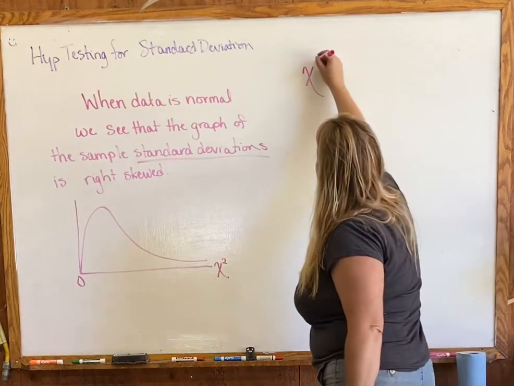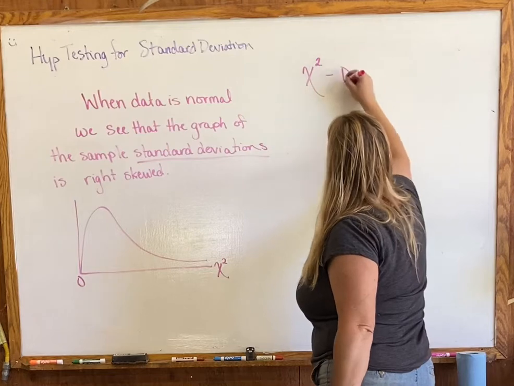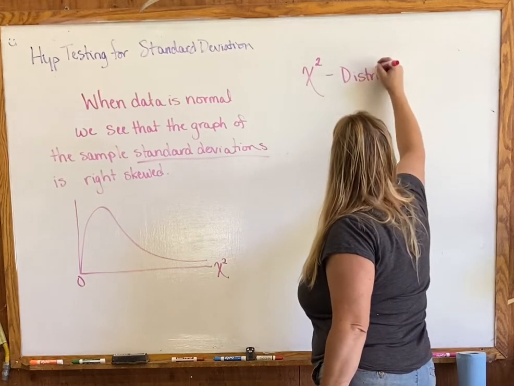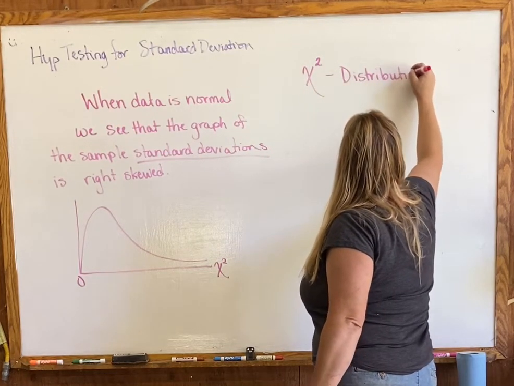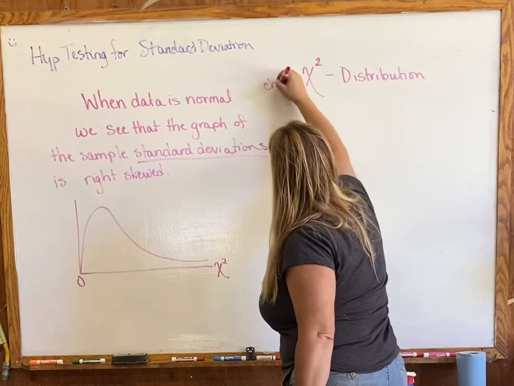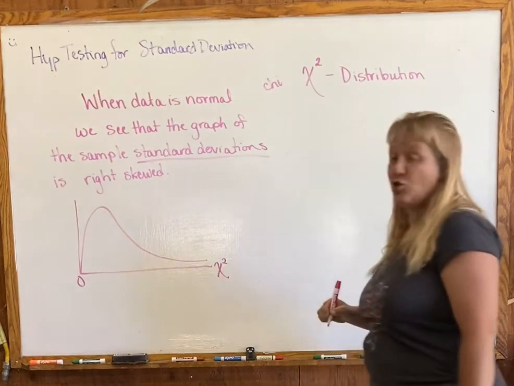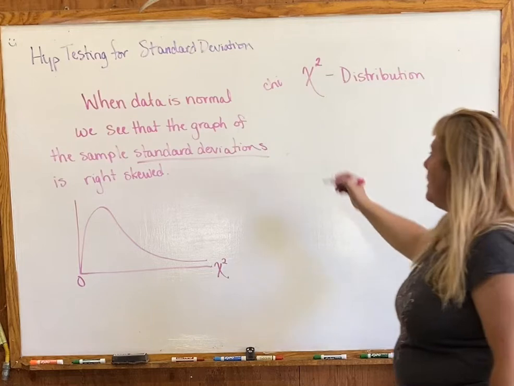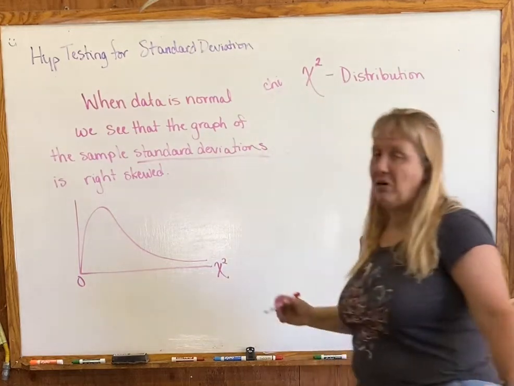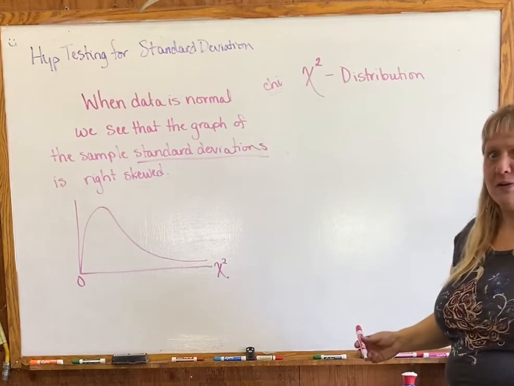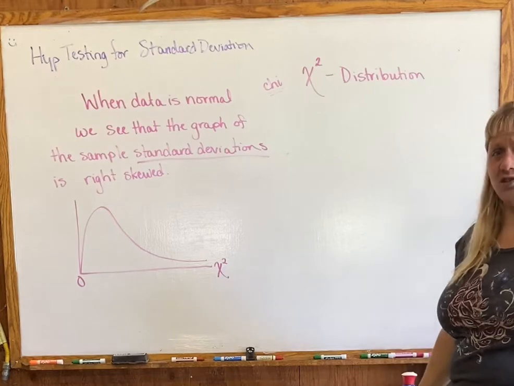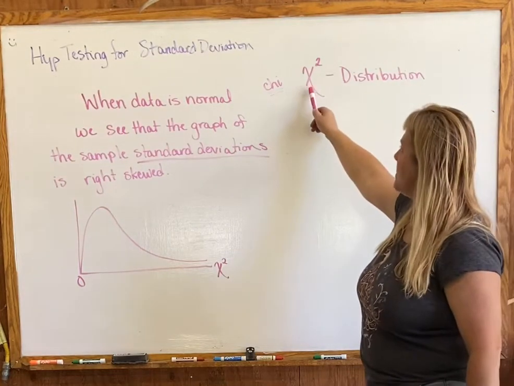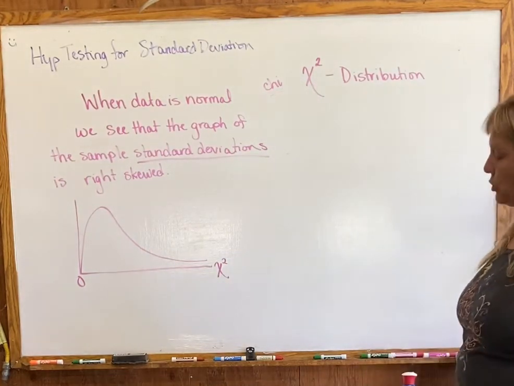So this is called the chi-square distribution. When you see it in the book spelled out, it looks like chi, okay? So that's how we say chi. If you say it differently, there's nothing wrong with it, but that's the pronunciation. So that's the chi-square distribution.